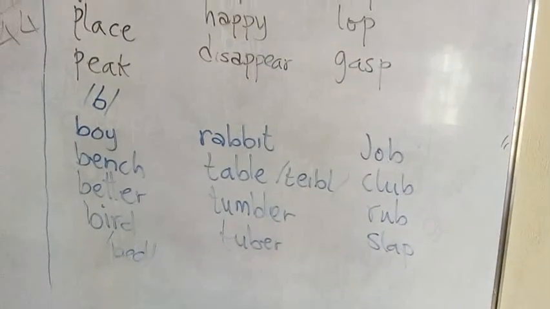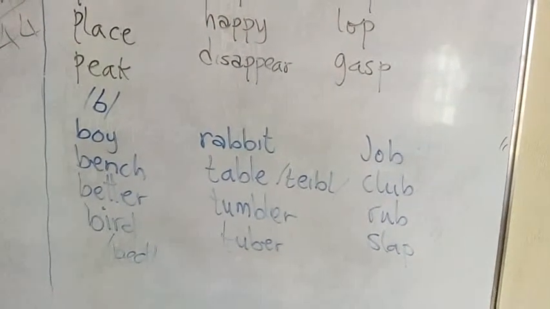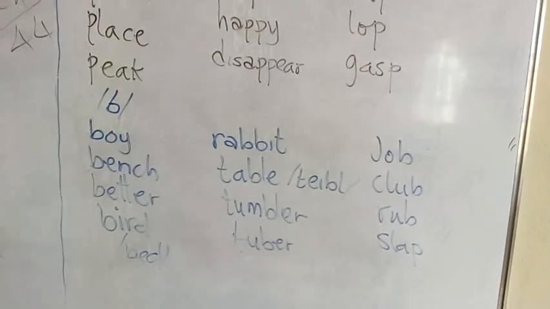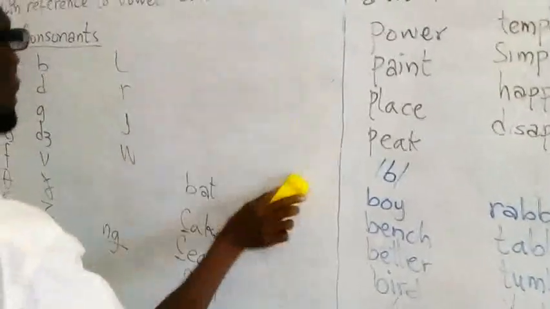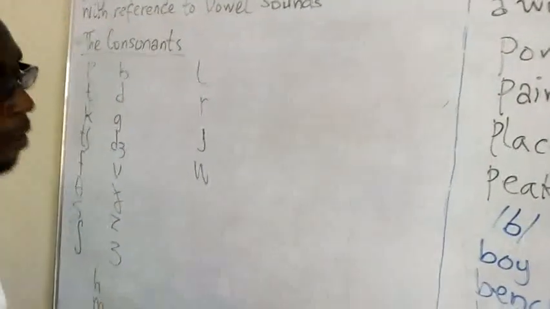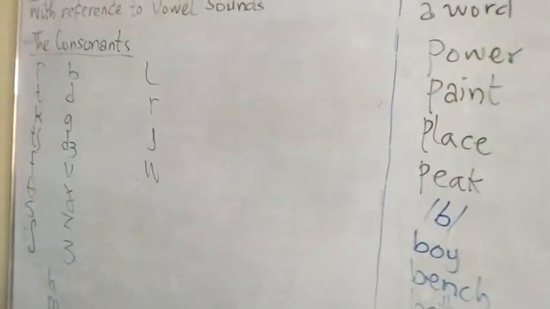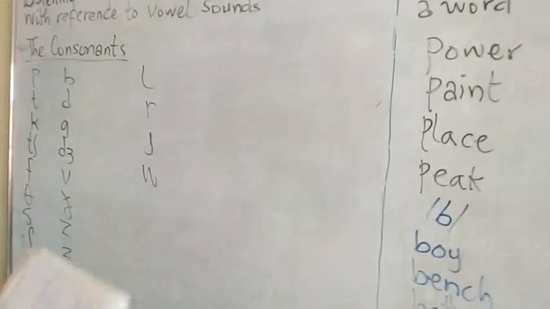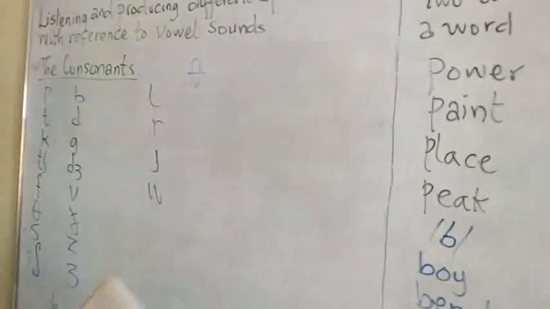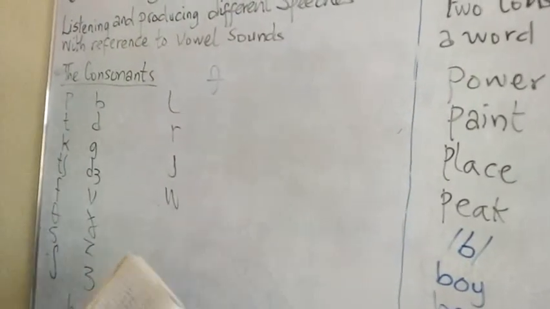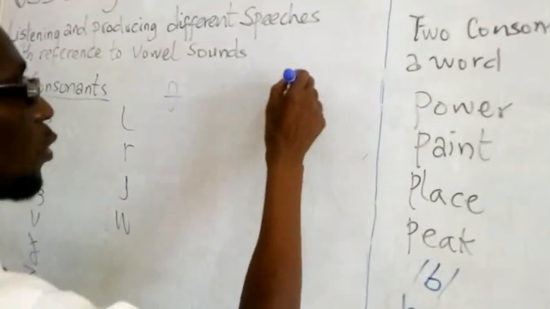Let's quickly go to the next sound. Let me use this side of the board. The next sound, we're going to be looking at this sound, and then we're going to be contrasting it with this one.